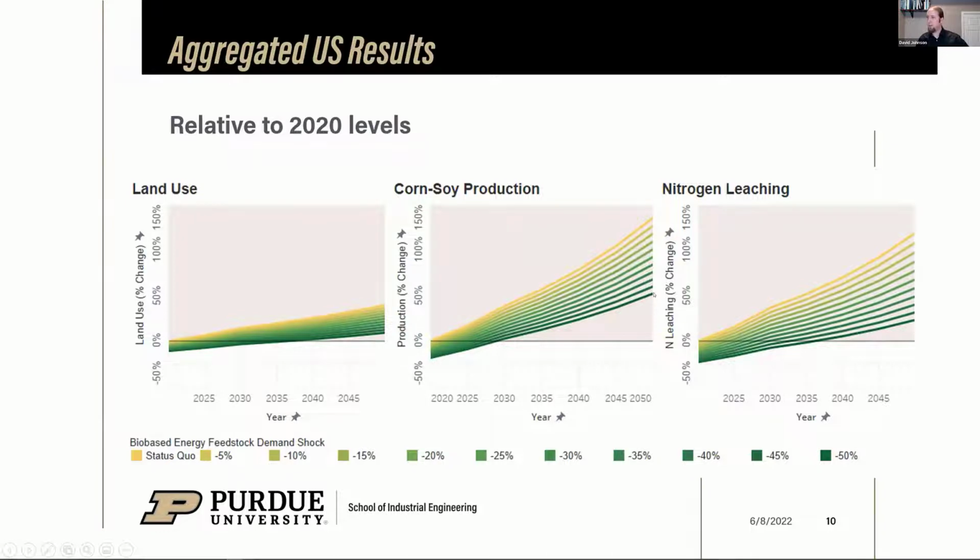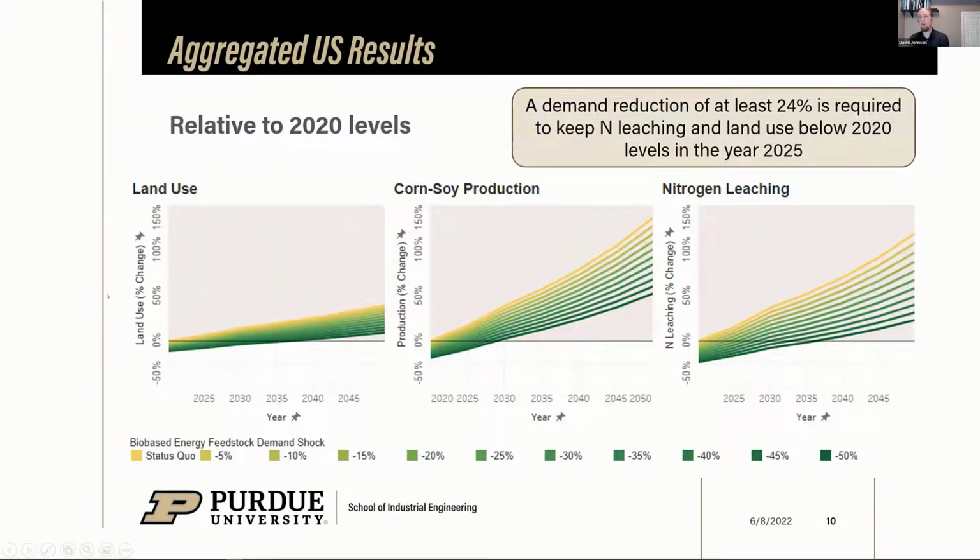So you can see, even if the demand is reduced by 50%, corn soy production by 2050 still climbs to 50% higher than 2020 levels. In this case, relative to the 2020 levels, nitrogen leaching is a little bit less sensitive, but it still grows substantially over time. And land use still, even under a pretty large reduction in demand, is catching up again to 2020 levels by around 2035 to 2040.